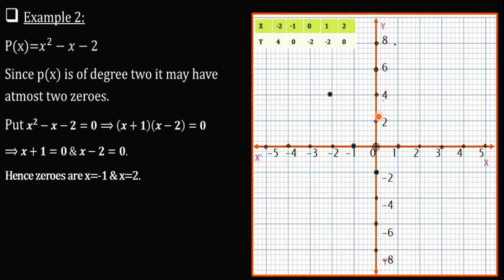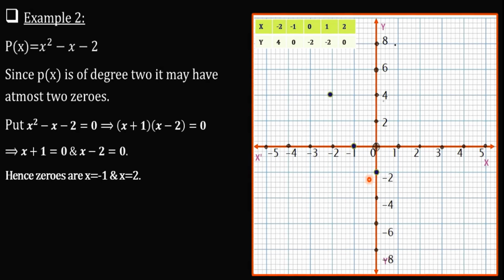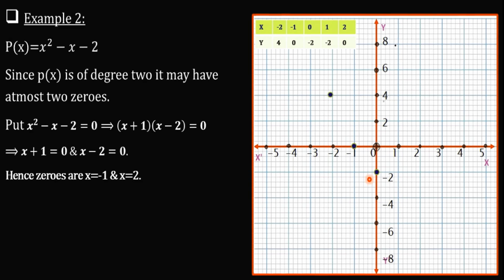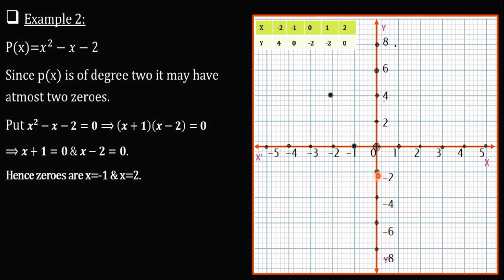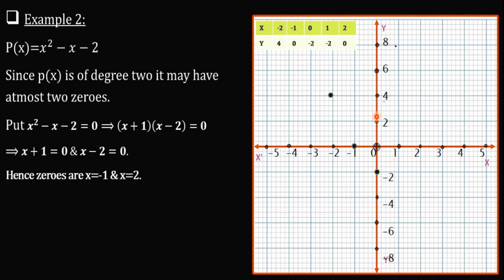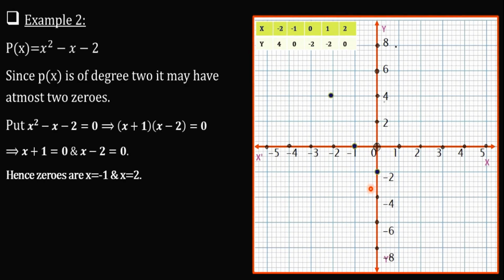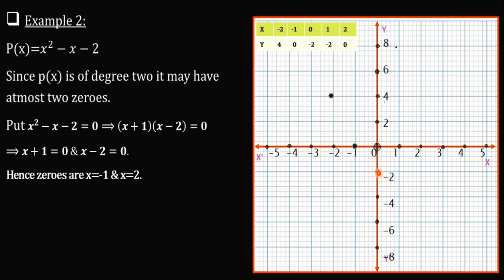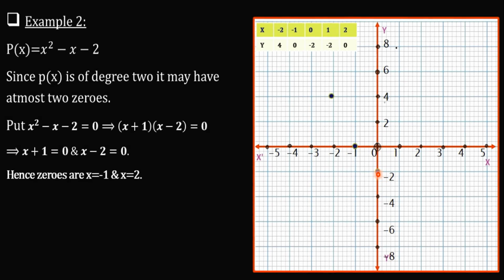Where will that coordinate come? If x is 0 and y is negative 2, it is on the y-axis. On the y-axis, the x coordinate is always 0, and on the x-axis, the y coordinate is always 0. So 0 comma negative 2 will be on the y-axis. That is, x coordinate is 0 and y coordinate is negative 2.